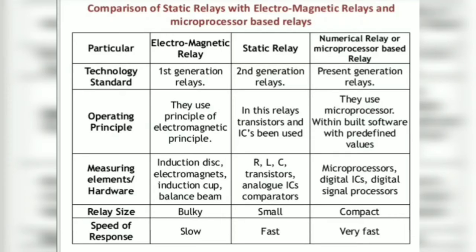The speed of response: due to this point, nowadays we are using numerical relay widely. The electromagnetic relay is very slow, static relay is fast, but the numerical or microprocessor based relay is very fast in comparison with the other two relays.